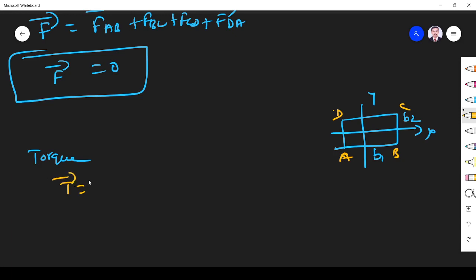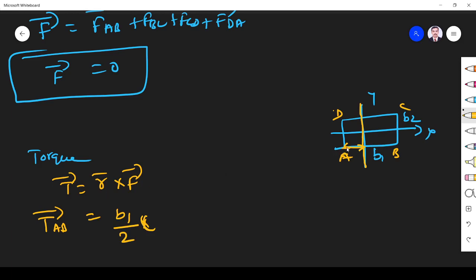Torque is equal to R cross F, where R is the distance from the axis of rotation, the center. So what is the torque along AB? The distance from the axis of rotation is half of the total distance B1, so B1 by 2 into, in which direction?